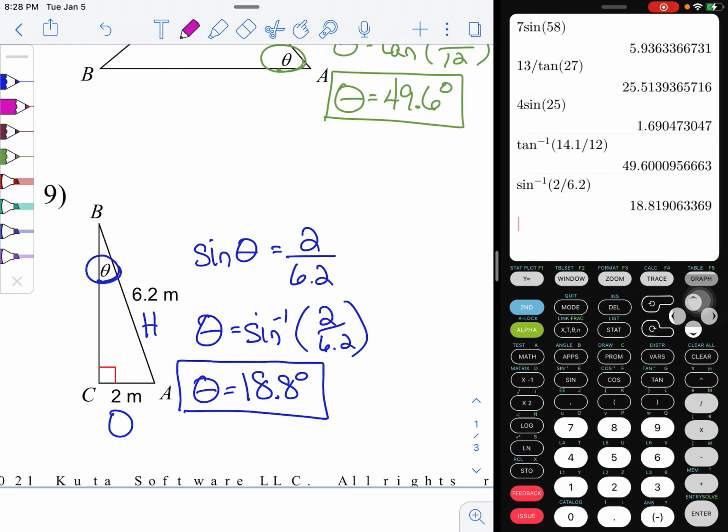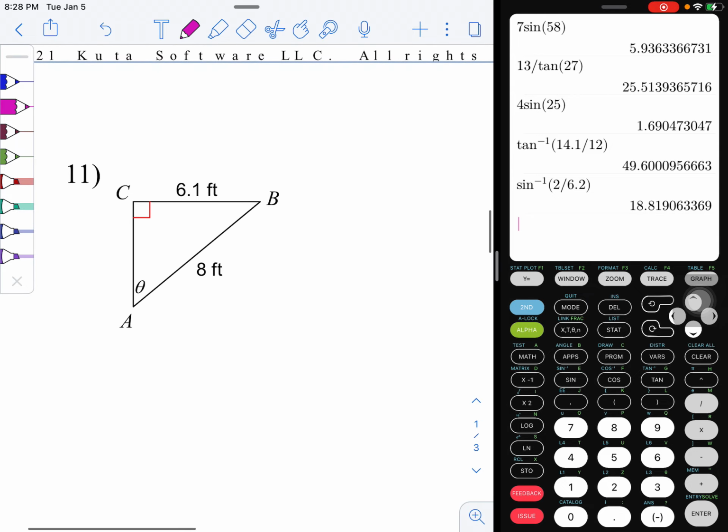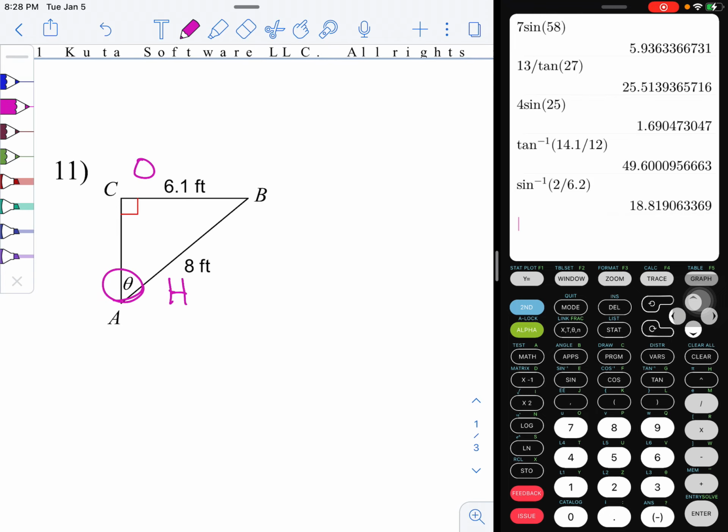All right, so on to page 2 here. We're still covering just the odd problems. So problem number 11, theta is right here. We've got opposite, we have hypotenuse, talking about sine. So sine of theta is equal to 6.1 over 8.